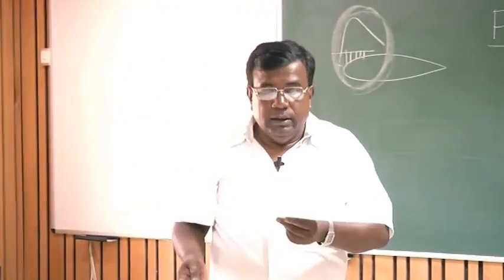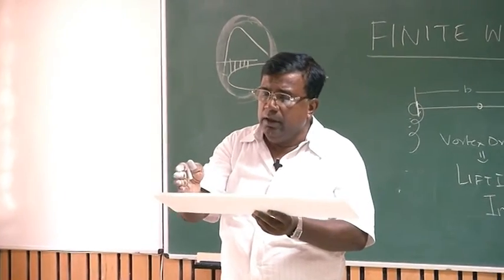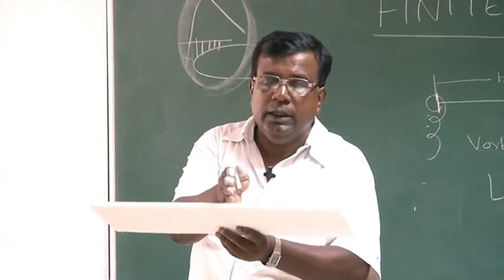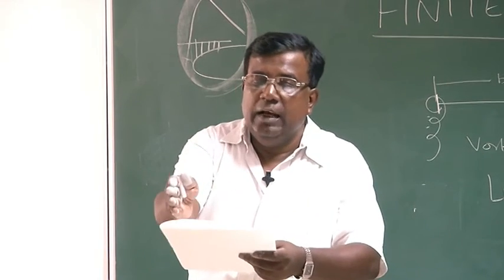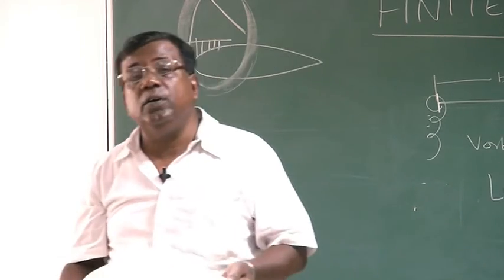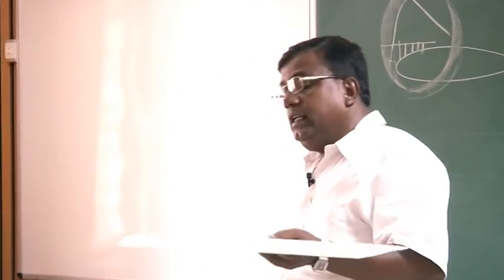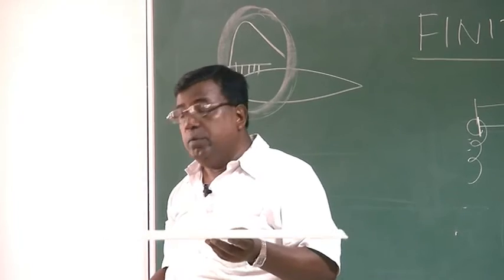So if I put a wing like this, I can think it has a large number of aerofoils. But if I put it like this, then I have a smaller number of aerofoils, because the top front portion is going to contribute more towards lift. So that is why aspect ratio should be clearly understood, and its importance.